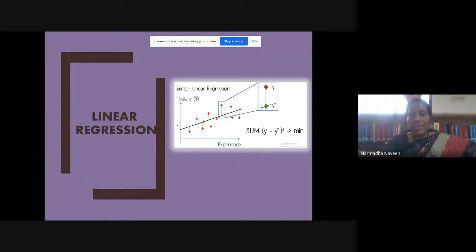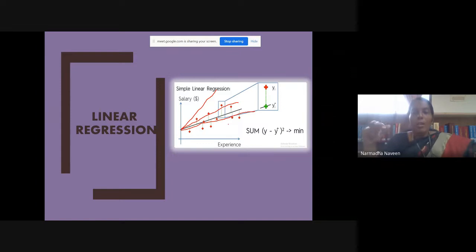So many random projections of lines will be drawn, and the line which is able to cover all the data points most accurately will be chosen as the best fit line.